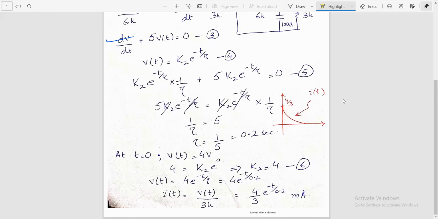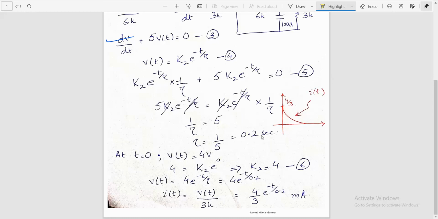Using this value of v of t at time t is equal to 0 in the solution of equation 4 gives us 4 is equal to k2 times exponential of 0. Exponential of 0 is equal to 1. Therefore k2 comes out to be 4. So finally the value of v of t comes out to be 4 times exponential of minus t over tau, or 4 times exponential of minus t over 0.2.